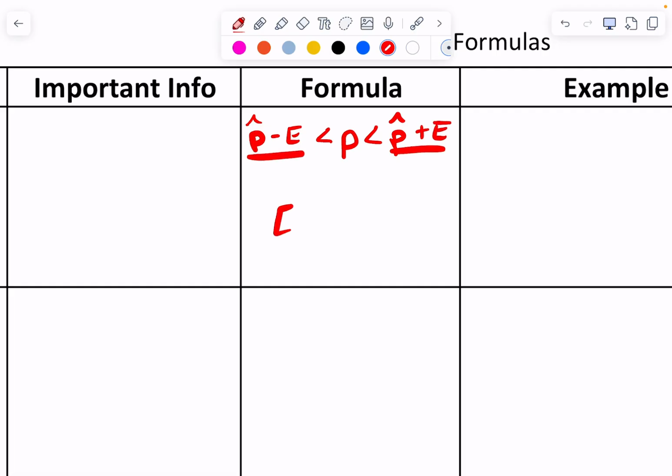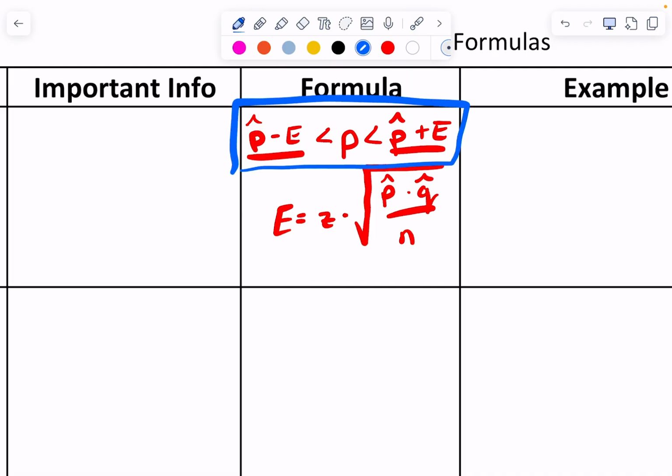And to find the error, we take Z times the square root of, and this is going to be a big square root, P hat times Q hat over N. So ultimately we're trying to find this one right here.